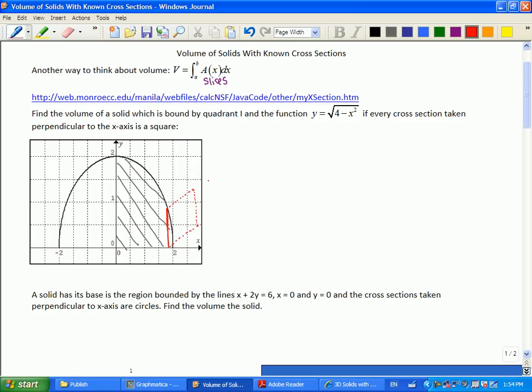It's like you've got 3D glasses on, right? Okay. So this square would be coming up out of your page. And if we want to know the volume, we have to come up with an area function. So the volume is going to be the integral. We're going from 0 all the way to 2.